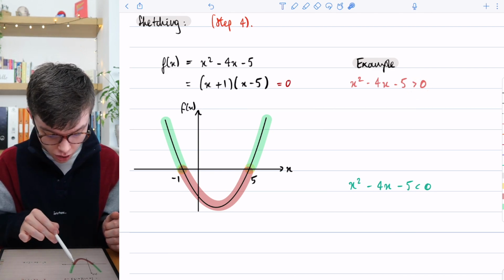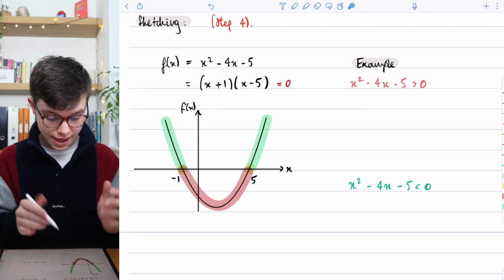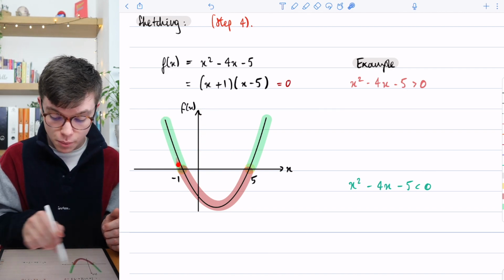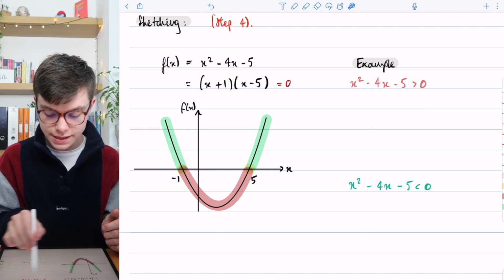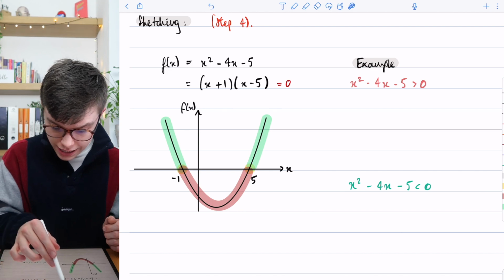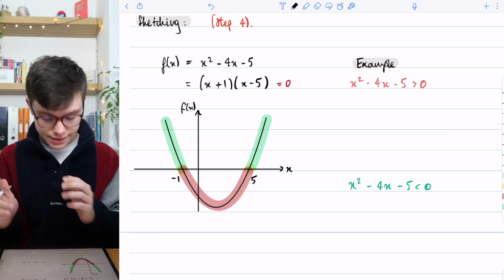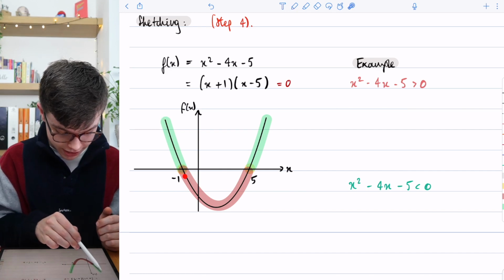And again, here, all of these are, well, we're on the positive f of x axis if we work across here, and we want f of x, which is our quadratic, to be greater than 0, okay? So actually, if we got solutions to that, well, we would say the quadratic is greater than 0 at these green points.